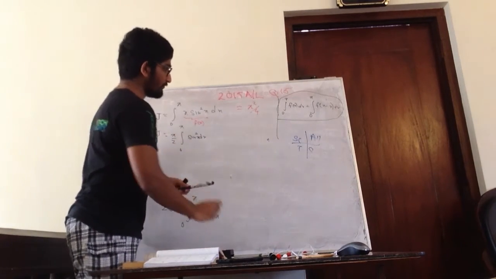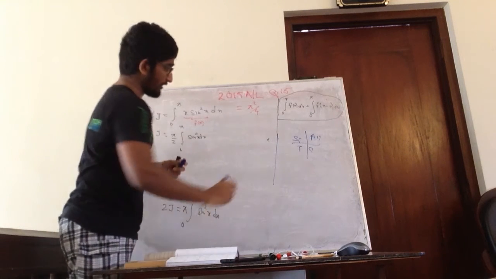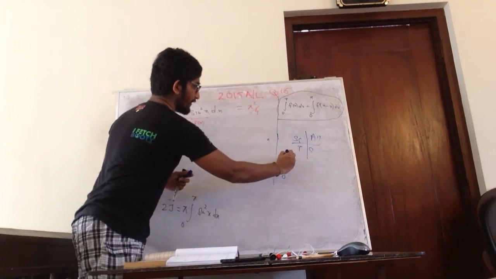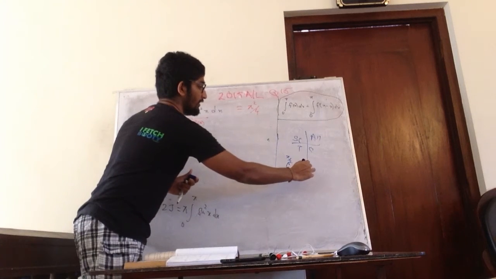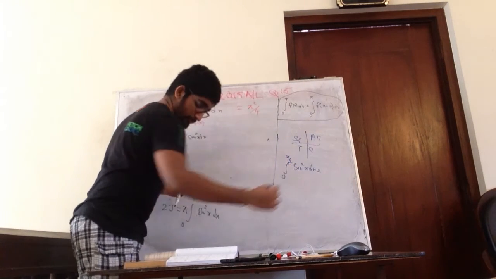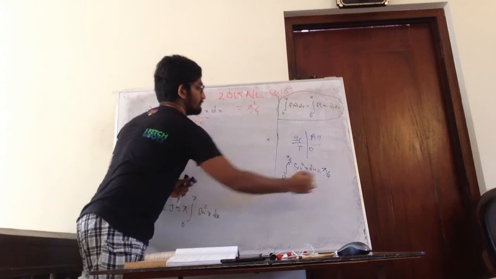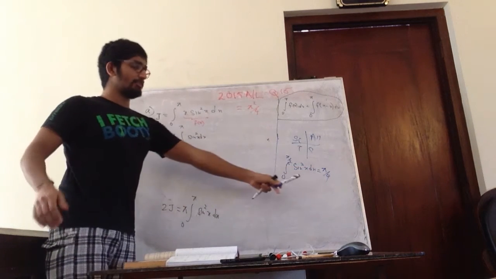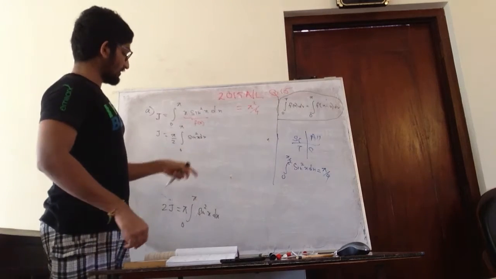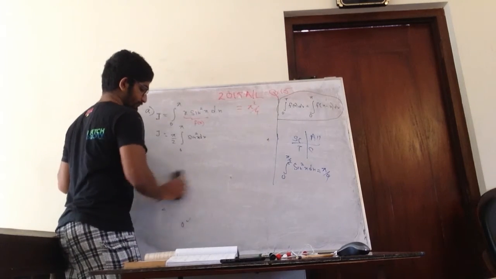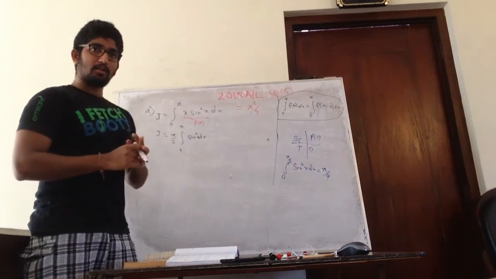We know that from the previous one, the integral from 0 to 5 over 2 of sine squared x dx is equal to 5 over 4. This is what we know, right? But here the limits are different.